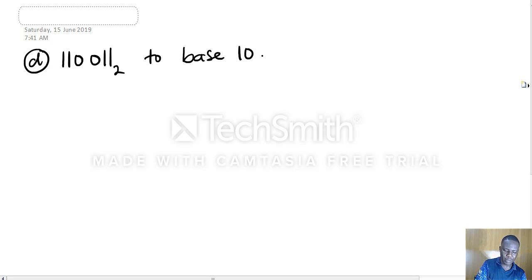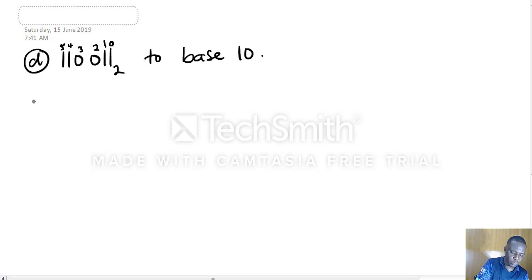In your junior elementary, you were told that you number them beginning from the right to your left, starting with 0. So this will take the power of 0, this will take the power of 1, 2, 3, 4, and 5. Or you can look at the numbers, and the power to which the base will be raised will be equivalent to the number of digits after that digit in question.